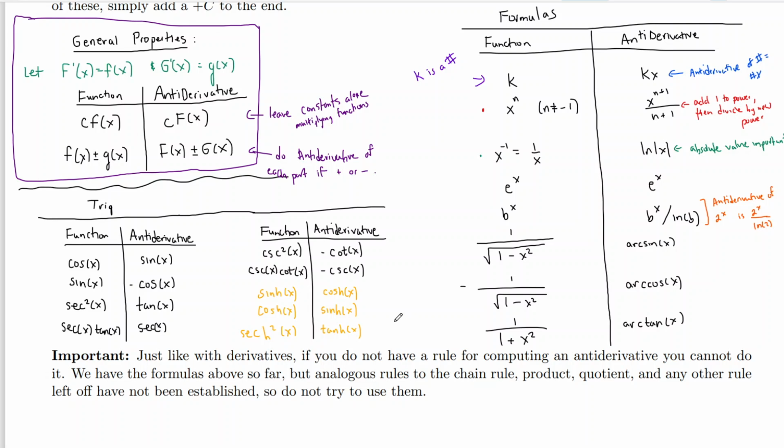Now, these formulas, just like with the others, you want to make sure you think about it. If I see a hyperbolic secant squared of x, I know the antiderivative is hyperbolic tangent of x. If I only have a single power of hyperbolic secant, then I cannot do that yet. So there's probably an error somewhere.